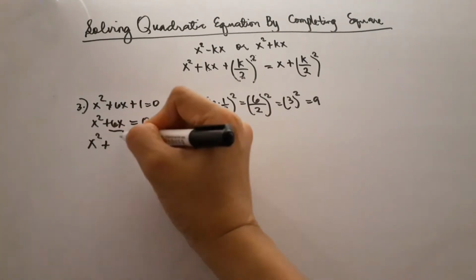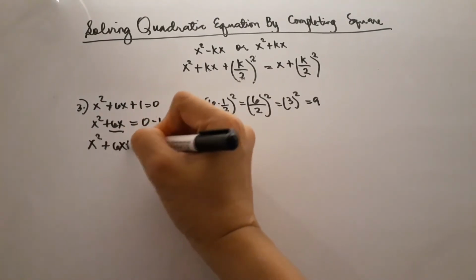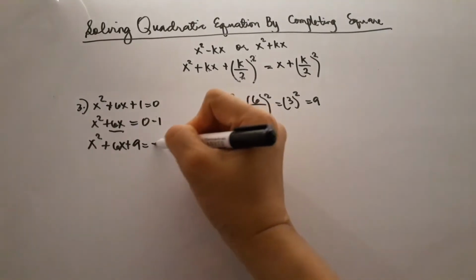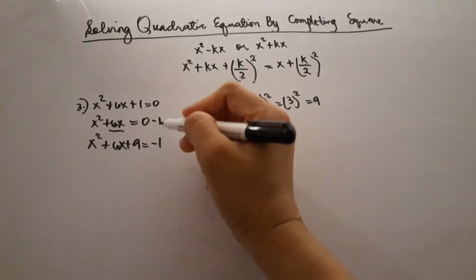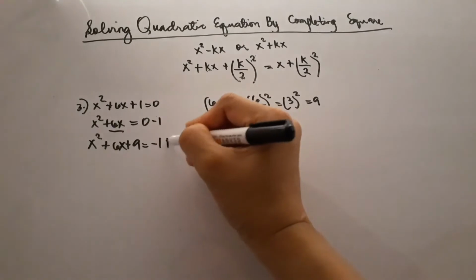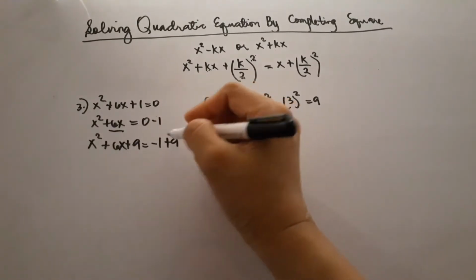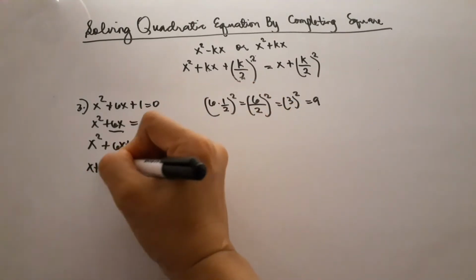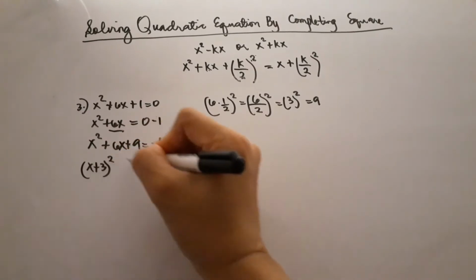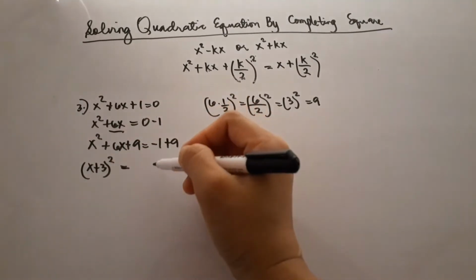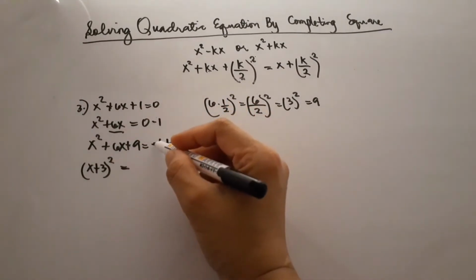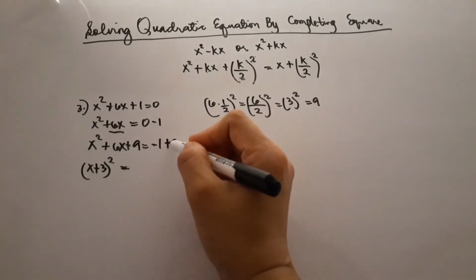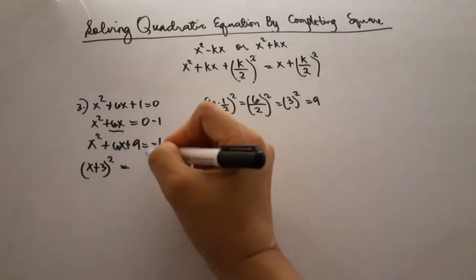So we add positive 9 to both sides. And then we complete the square. So we have x plus 3 squared is equal to negative 1 plus 9, which is equal to positive 8.